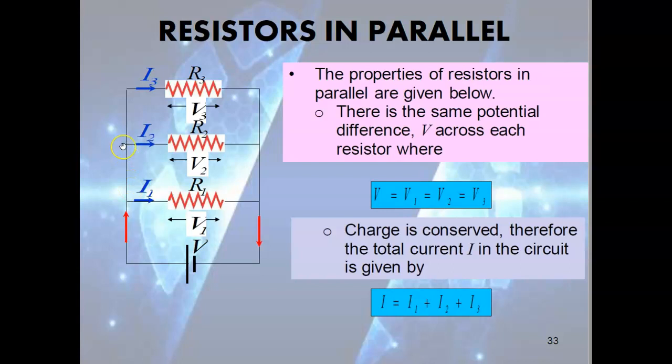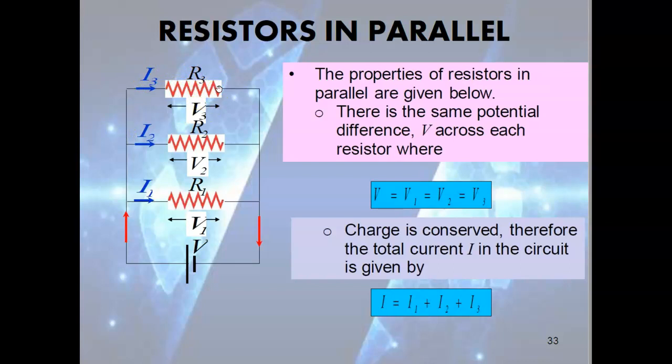And then this current that goes straight will be again divided into two values of current: one part will go to resistor 2 and the other will go straight to resistor 3.